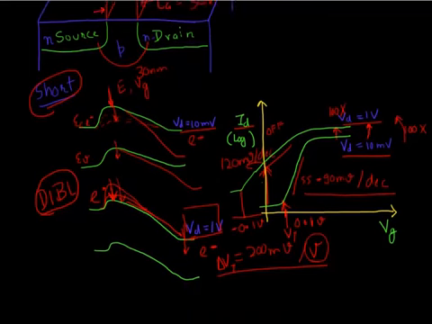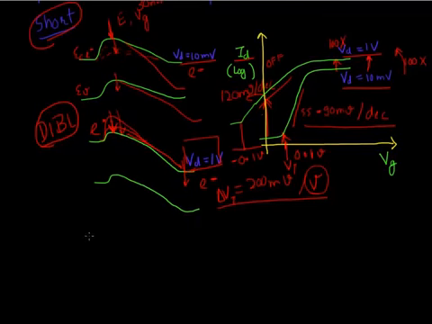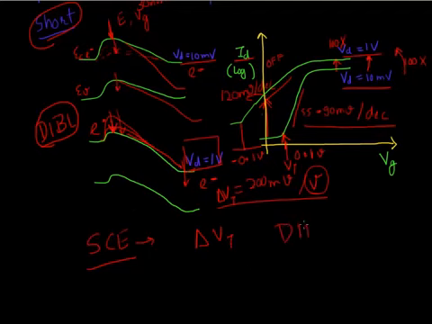So there are three things which we can call short channel effects. In a short channel planar device, you see a shift in your threshold voltage, which you can also quantify as DIBL. You see your subthreshold slope degrade.